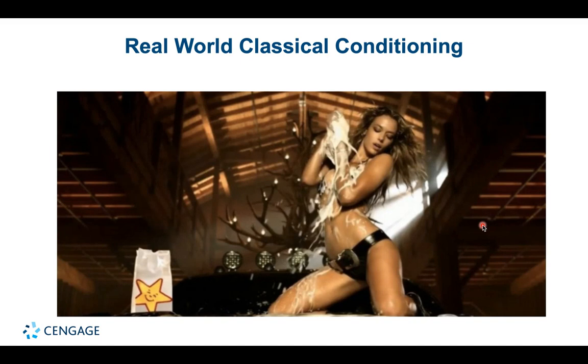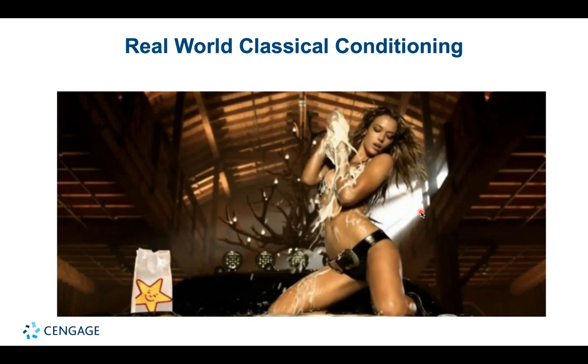This is the Hardee's ad, so maybe the previous one was actually Burger King. I'm not really sure what a bikini model in milk on top of a truck in a barn has to do with Hardee's, but that's the point. It doesn't have anything to do with Hardee's. It has nothing to do with the product.